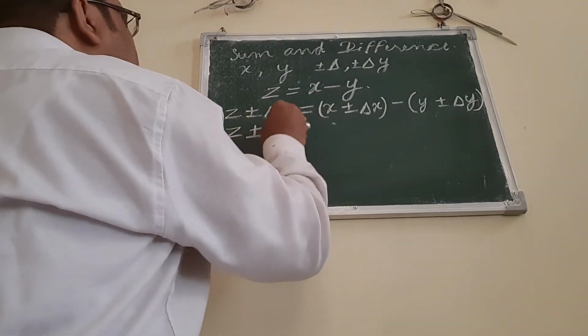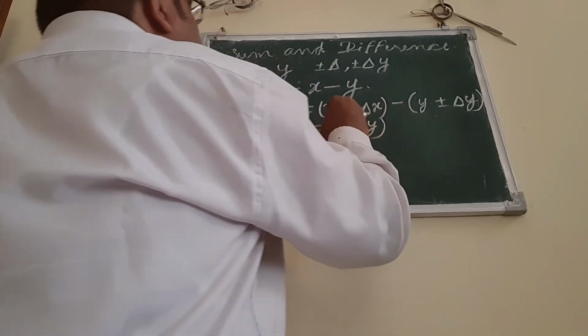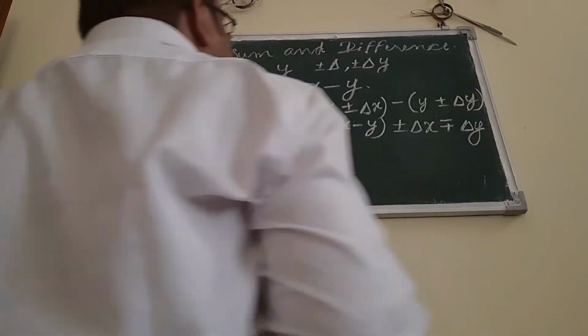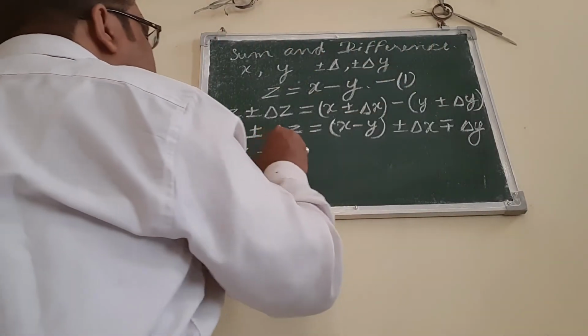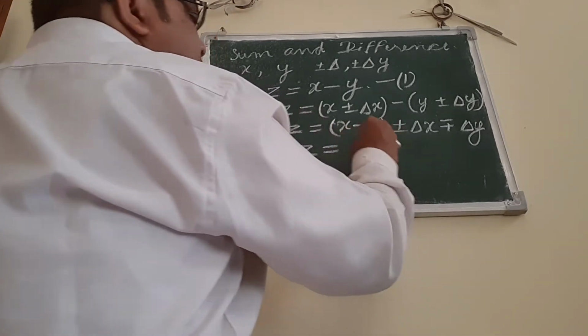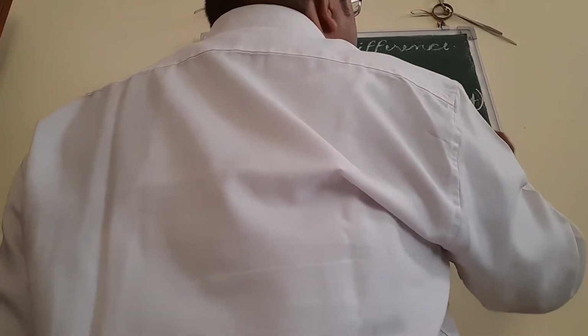Now arranging it, z plus minus delta z is equal to x minus y plus minus delta x plus minus delta y. So now putting the value of x minus y from the first equation, it becomes z plus minus delta x plus minus delta y.